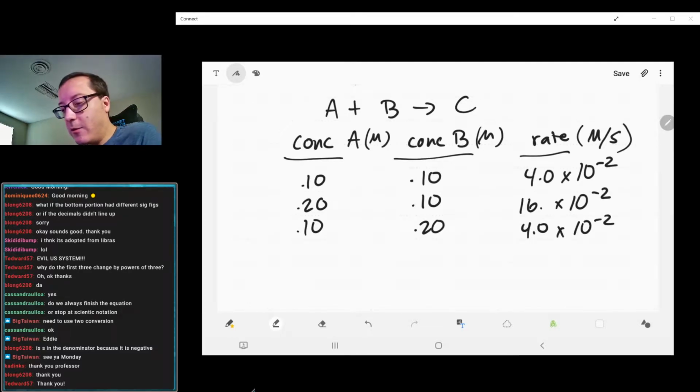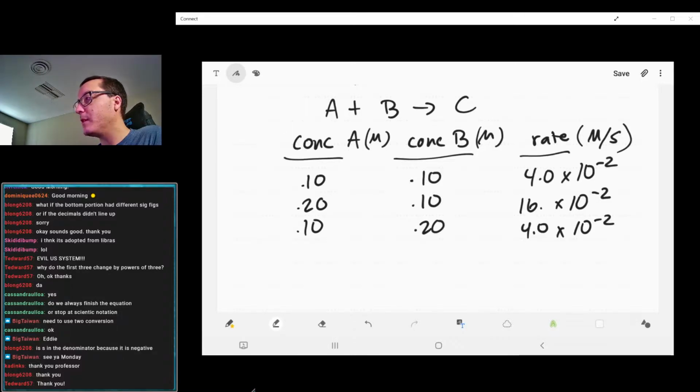And so looking at these, we're going to try and somewhat reason with these numbers to figure out how the rate changes based on the concentration changes that we're putting out. So by putting these together, we're going to be able to figure out the rate law of this particular chemical reaction. So what can we see here that's happening?